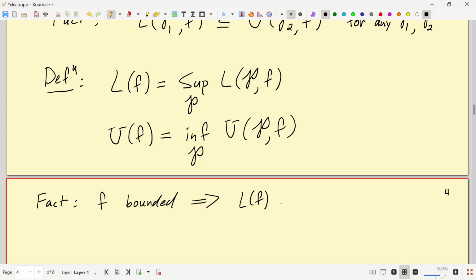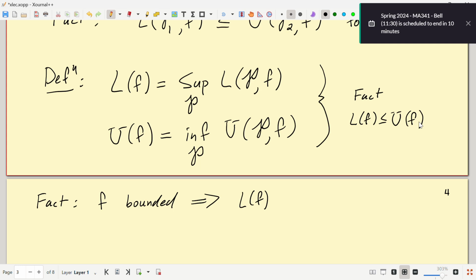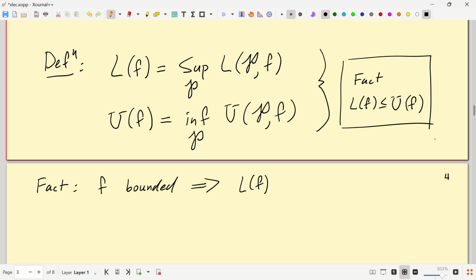L of f, let's see, all those things on the left are less than or equal to all the things on the right. So notice that an easy fact is L of f is less than or equal to U of f by the properties of infs and sups. That's an important fact. So f bounded implies L of f and U of f exist.